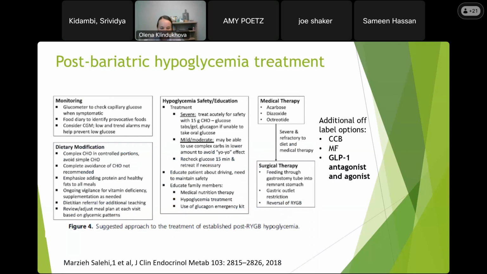All right, very good. So that's a summary of post-bariatric hypoglycemia treatment, and most of the information on this slide can be extrapolated to reactive hypoglycemia.